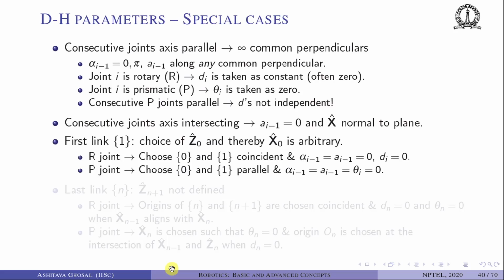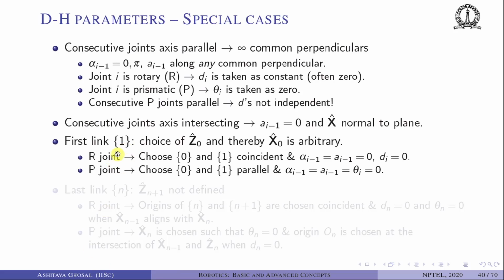The other special case is for the first link. Why is it a special case? Because we do not know z0 and hence x0 is arbitrary. Remember, x0 is required to find a i minus 1. So a i minus 1 is the distance along x0 between z0 and z1. Since there is arbitrariness in choosing z0, x0 is also arbitrary.